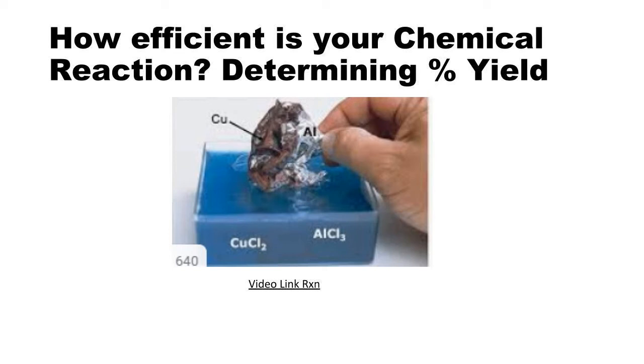And the bluish turquoise color in the copper(II) chloride is due to the presence of copper(II) ions. So if we still have blue solution in that water and not all of that color has changed, then there still are those copper(II) ions present. That must mean that the aluminum had completely reacted and there was still more CuCl2 to be reacted with.